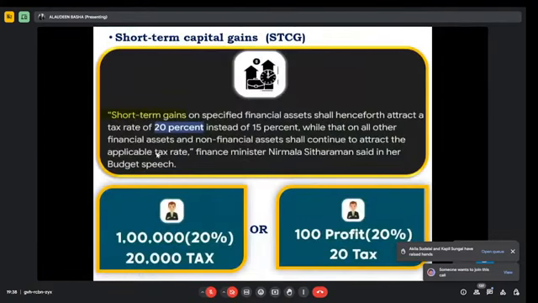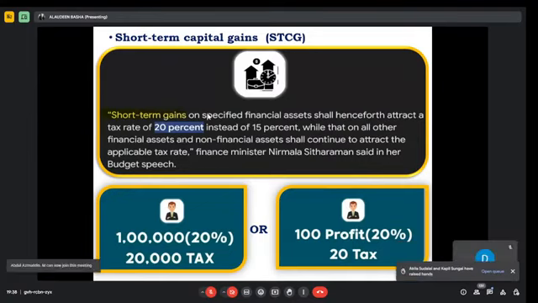In equity mutual funds, in the short term, how many years is short term? Anyone from the participants? Less than 1 year. Yes, good. So short term means less than 1 year. If you buy and sell the mutual fund before 1 year, you should pay 20%. Even if you get a profit of 100 rupees, the same 20%.